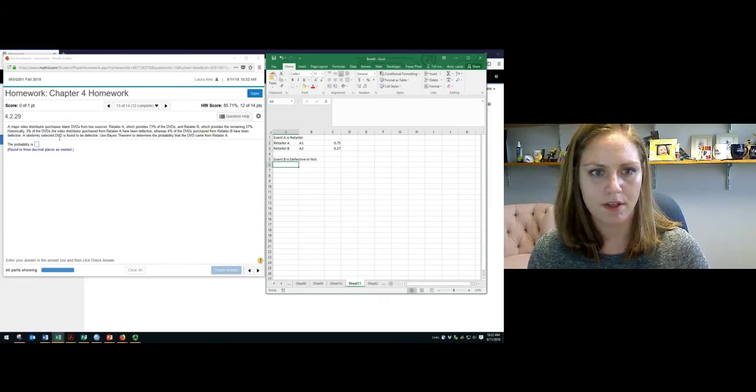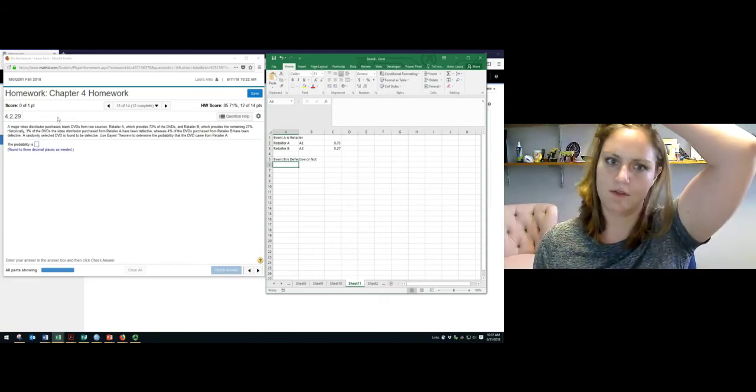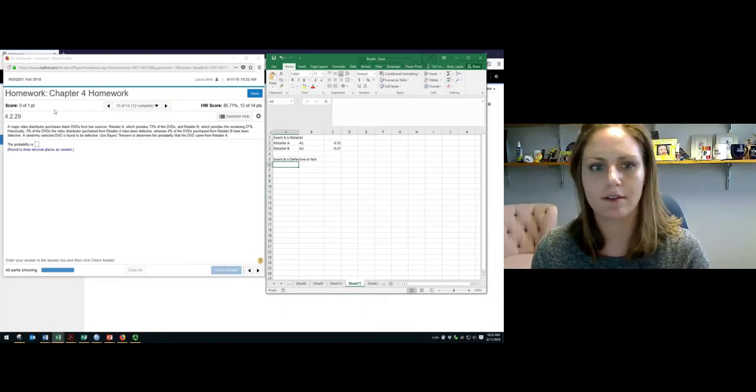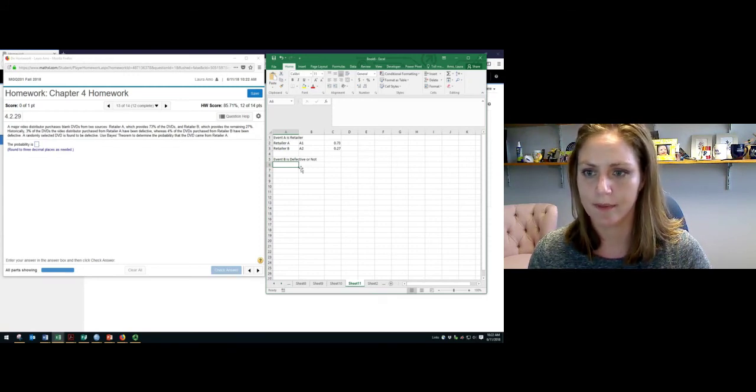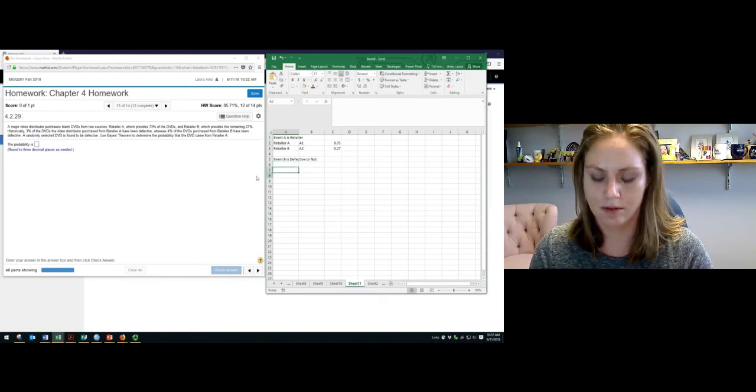Historically, 3% of the DVDs purchased from retailer A have been defective, whereas 4% of the DVDs purchased from retailer B have been defective. Now a randomly selected DVD is found to be defective, so we have to find the probability that that DVD came from retailer A. The probability of A1 is 0.73.